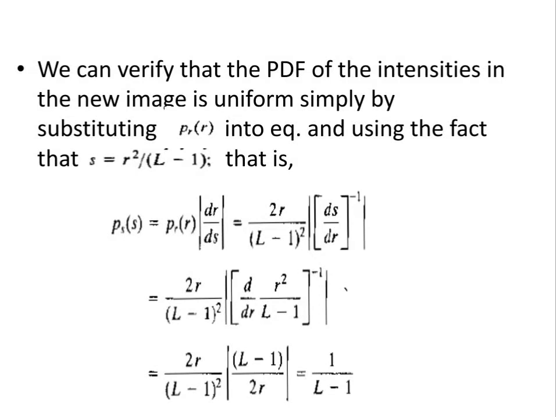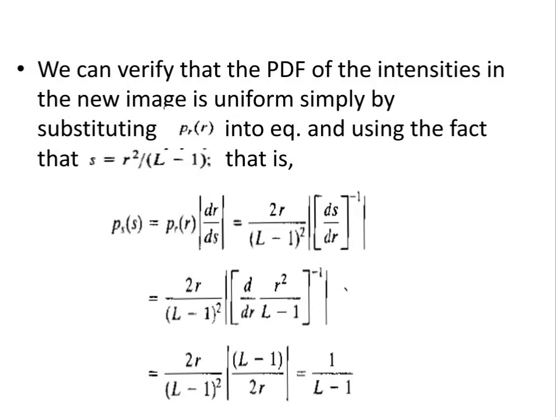That is the derivative of r squared upon L minus 1 with respect to r, which gives 2r upon (L minus 1) squared times the magnitude of (L minus 1) upon 2r. The derivative of r squared is 2r, and L minus 1 is a constant because we are taking the derivative with respect to r.